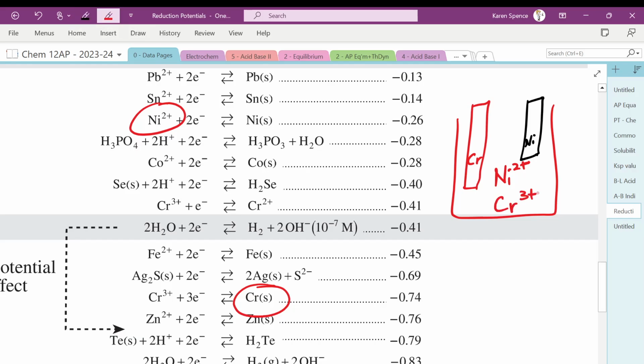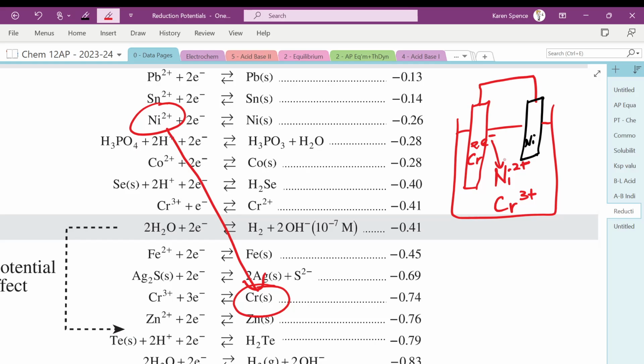Now, nickel 2+ is going to react spontaneously with chromium, yes? So if I join this with a wire, is there any incentive for the electrons to pass through the wire, or can those electrons just grab onto the Ni2+, which is right beside it in solution?